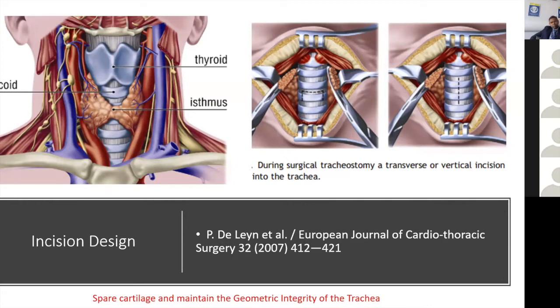Do not take too much cartilage away, and where possible, maintain the geometric integrity of the trachea. So whether a vertical or a transverse incision is designed is very important to work out, to allow what we are looking for.